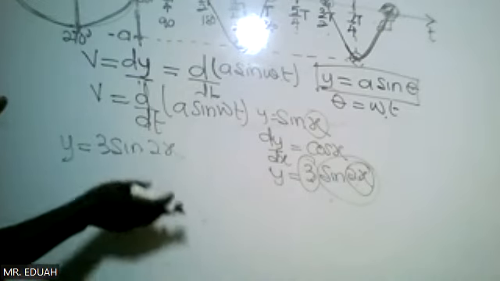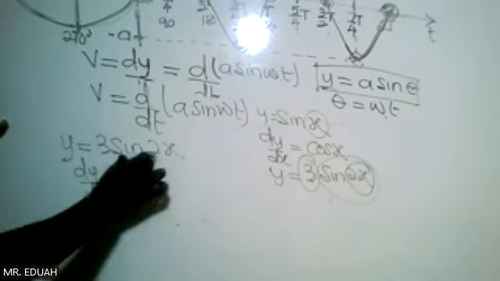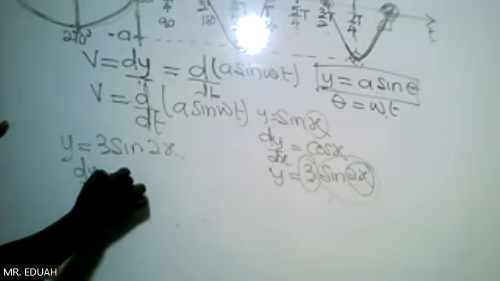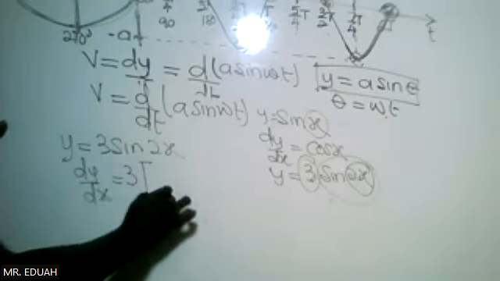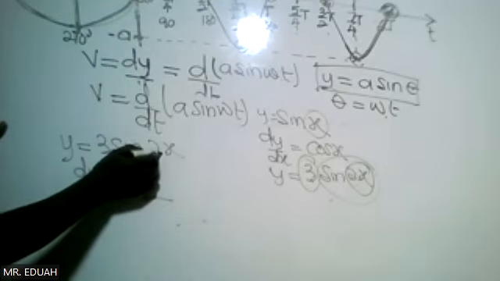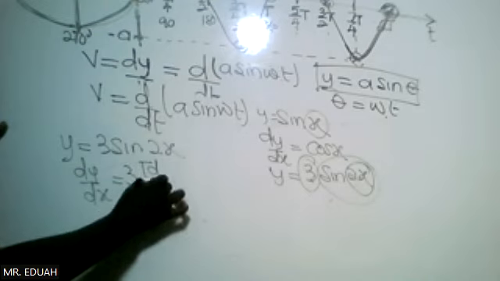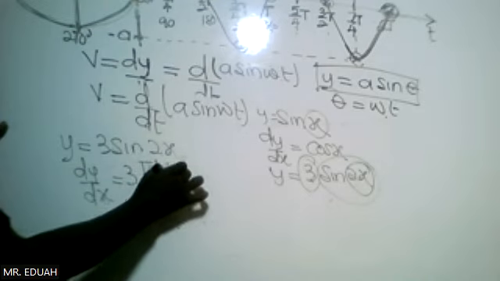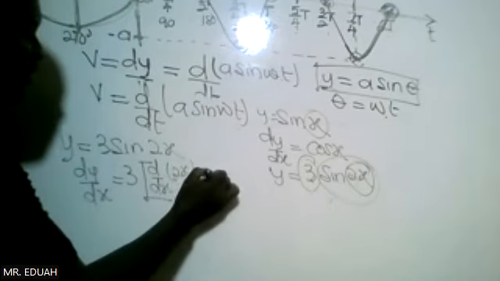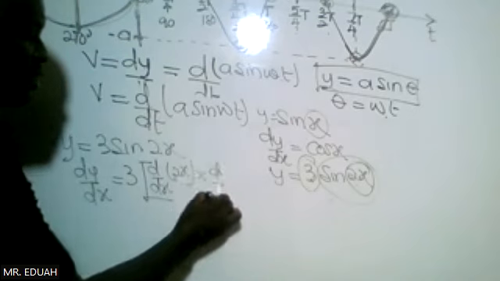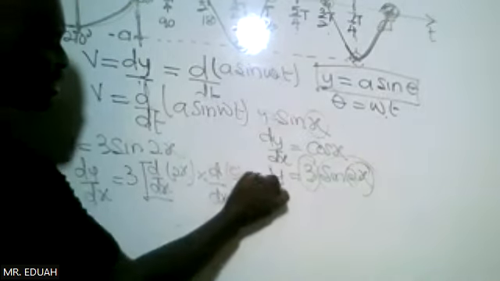So to differentiate this, dy by dx will be equal to 3, which will never be affected, so it comes out, times the differential of the daughter function 2x, times the differential of the mother function, d by dx of sine 2x.